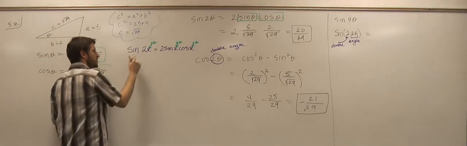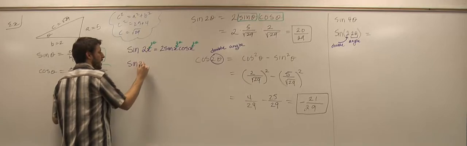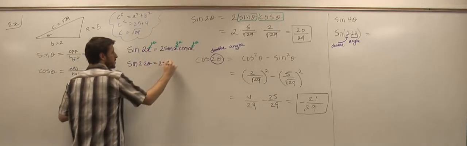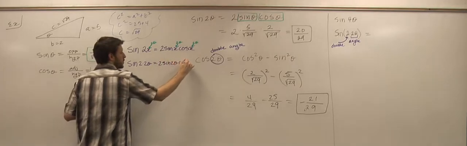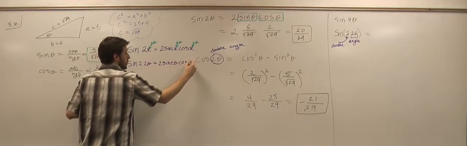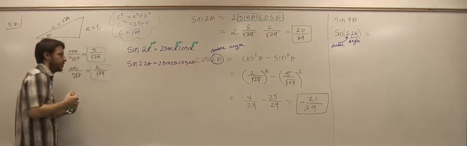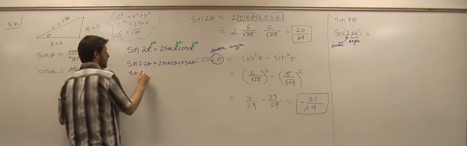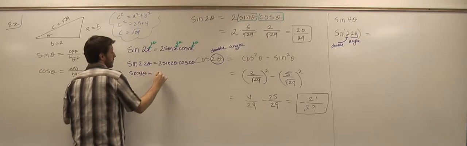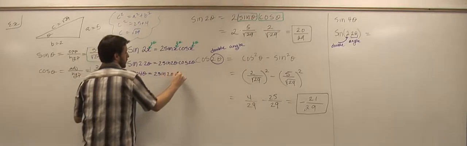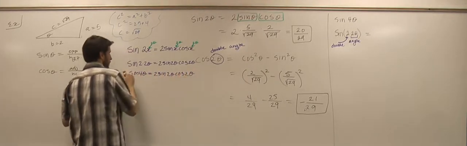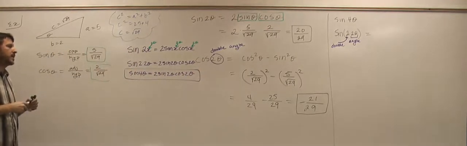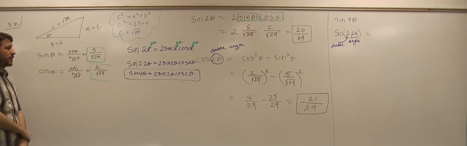So the formula also says that sine of 2 times 2 theta equals 2 sine 2 theta cos 2 theta. So here's a formula for sine 4 theta. This is a formula we can use to get sine of 4 theta.